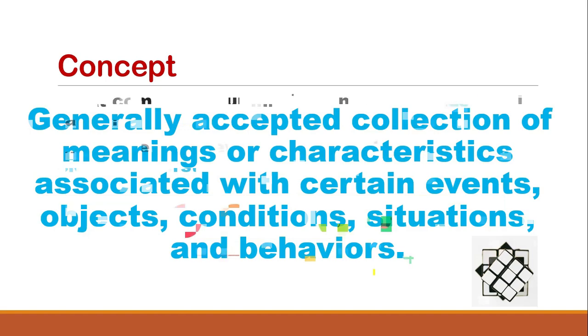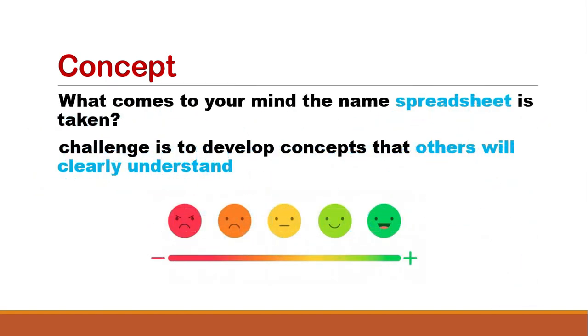For example, what comes to your mind when we take the name spreadsheet? Perhaps you would think of Microsoft Excel, you would think of something in the form of tables with numbers, headings, formulas, calculations, data, etc. The challenge when we talk about a concept is to develop it in such a way that others will clearly understand.